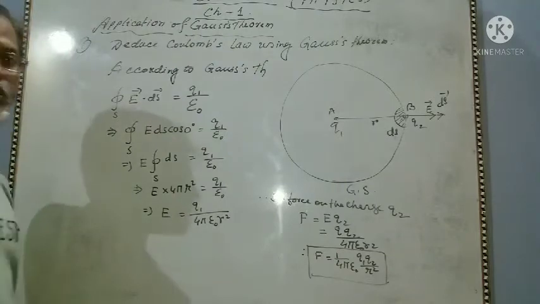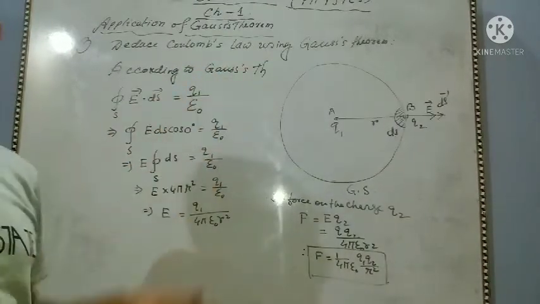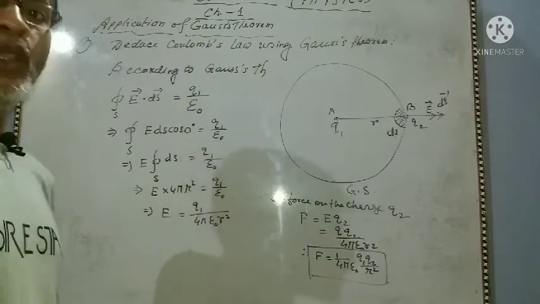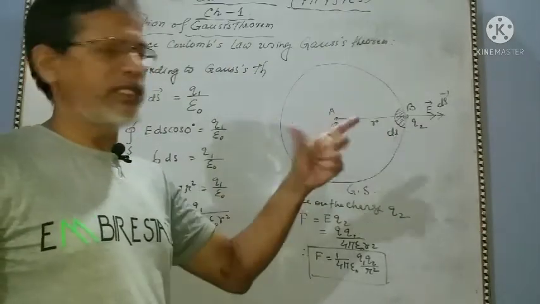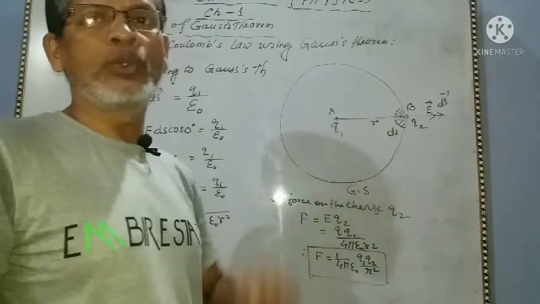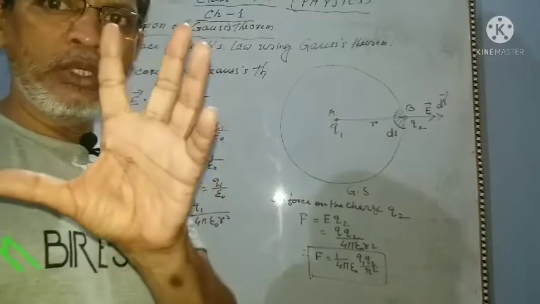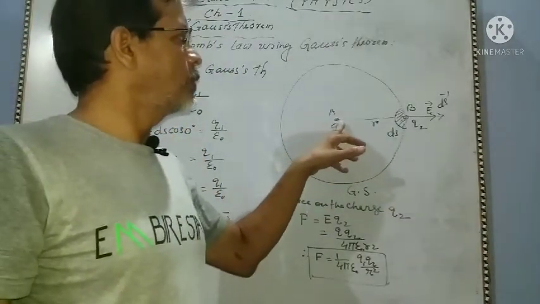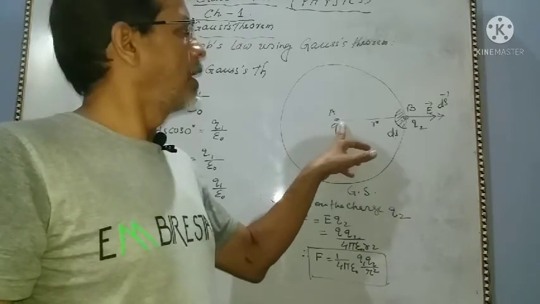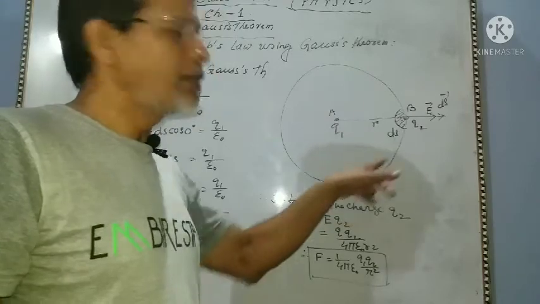So by using Gauss law we can easily find Coulomb's law. What have we said? First we took two charges Q1 and Q2, but to apply Gauss theorem we need a closed surface, so taking Q1 as center and r as radius we draw a sphere.